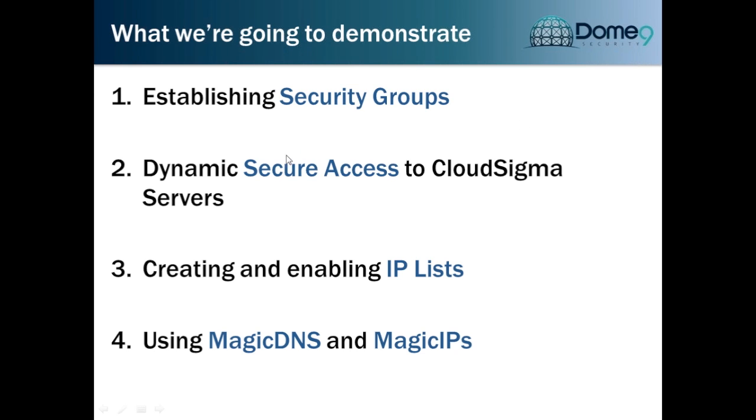Okay, so now that we have set up, we know how we can secure access to our CloudSigma server, and we can even use IP lists to create dynamic and elastic objects. I'll show you an even more interesting or important capability.